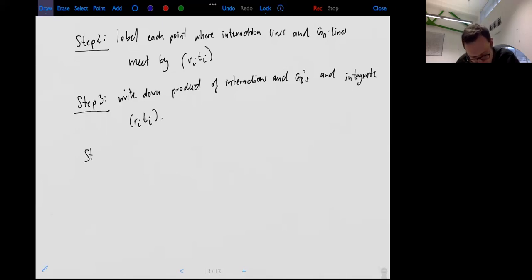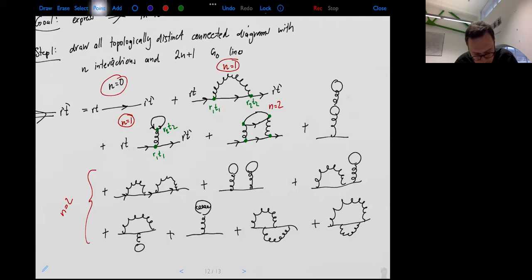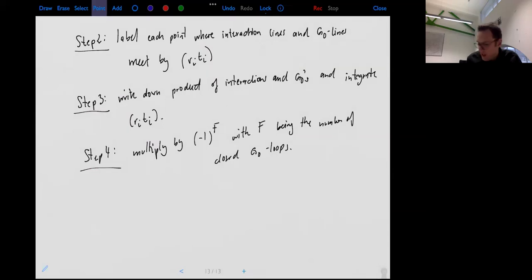And then the last step is we're going to multiply by a factor of (-1)^f, with f being the number of closed G0 loops. So for example, this diagram has a closed loop. This one has, for example, 2. So we have to include that factor.